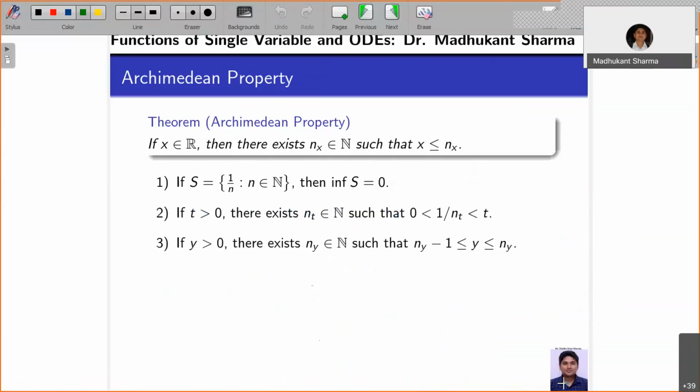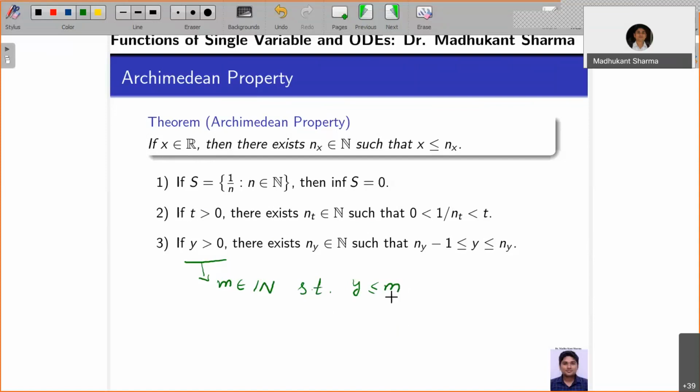So the third one also follows from the Archimedean property. How will you establish this result? Here it is given that y is greater than 0. Then the Archimedean property gives you an m in the set of natural numbers such that y is less than or equal to m.